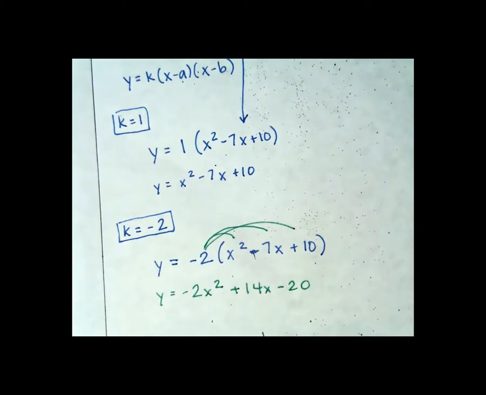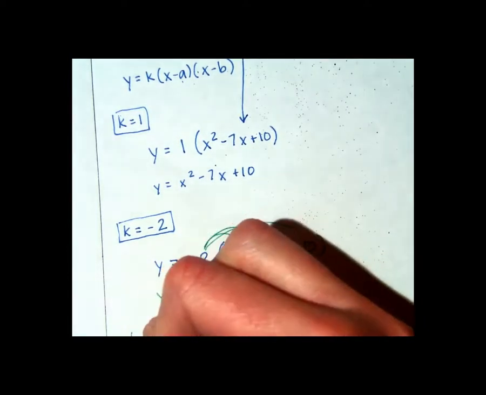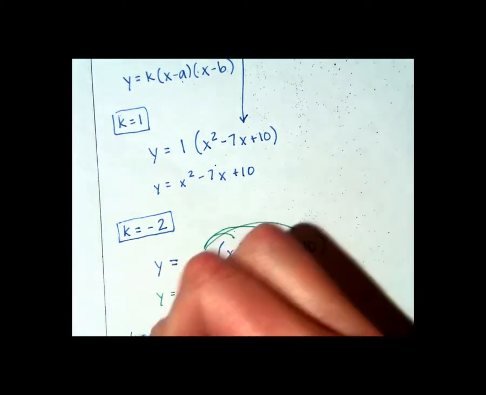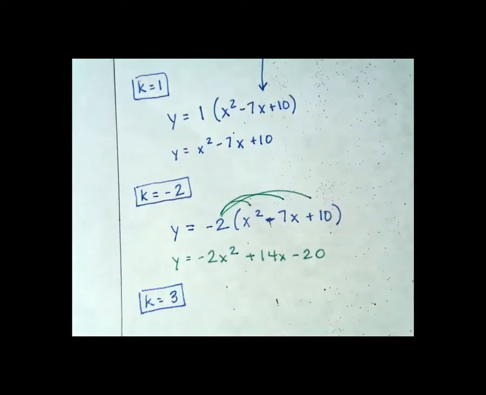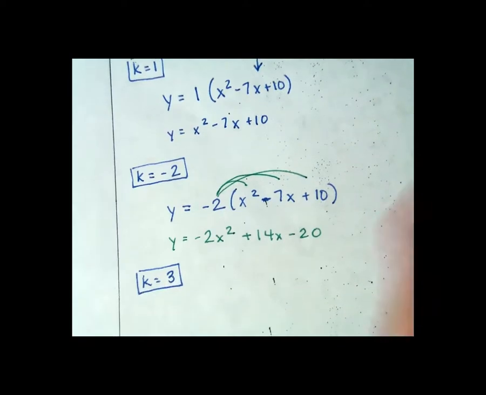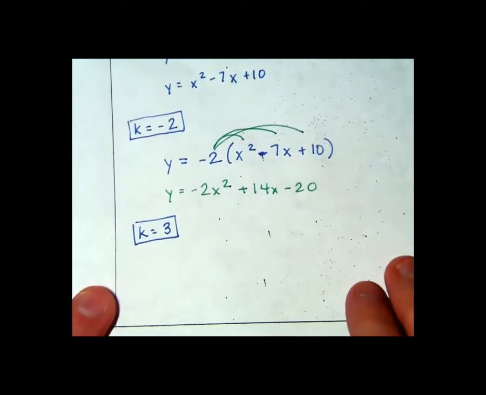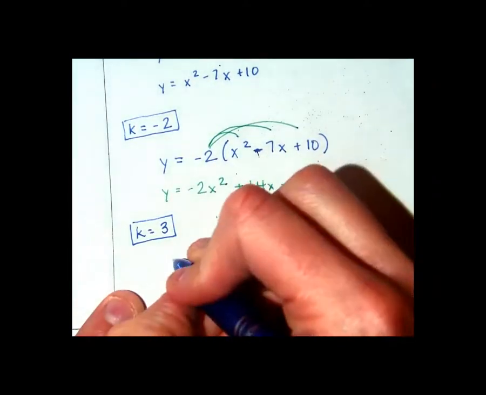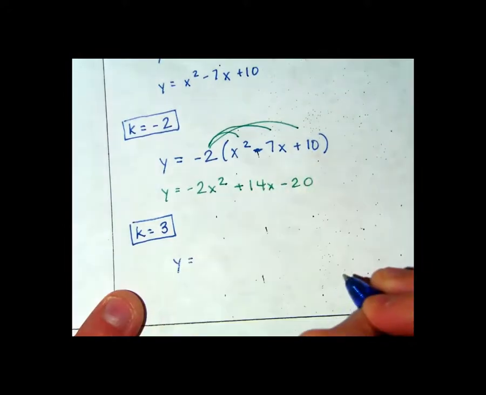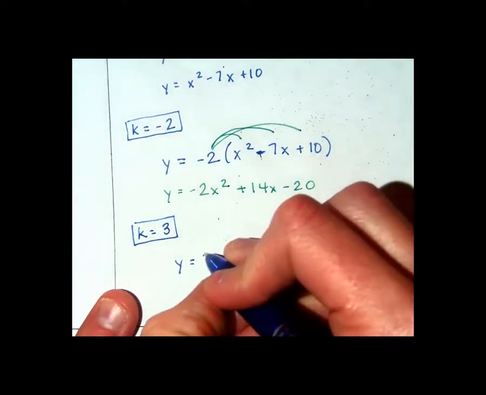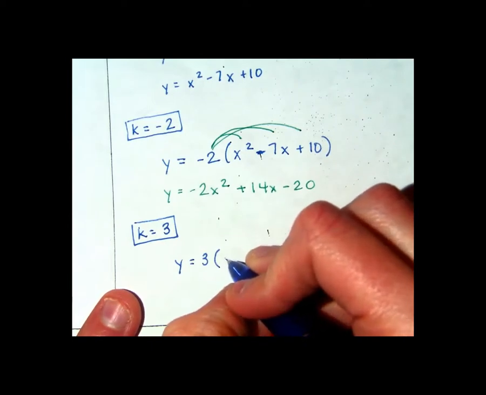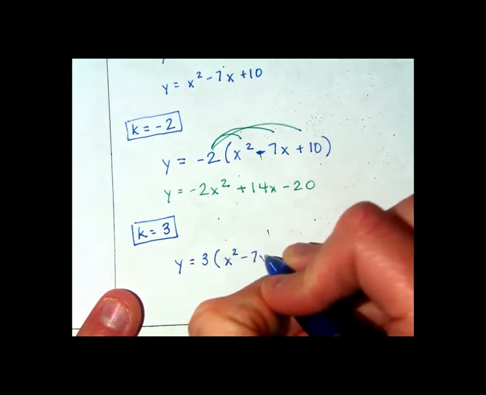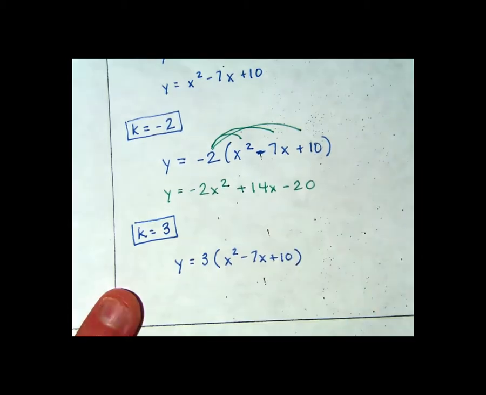You need to do that again when k equals 3. It's frozen. You can't see. Alright. Do it again when k equals 3. How are you going to set that up for k equals 3? What are you going to write down? 3, then what? Okay, go ahead and do that one too.